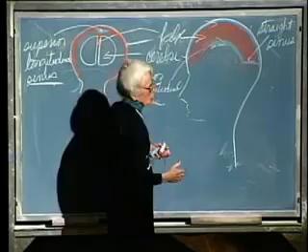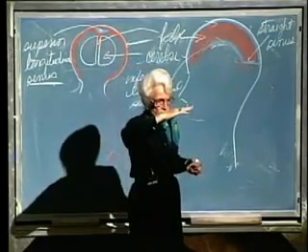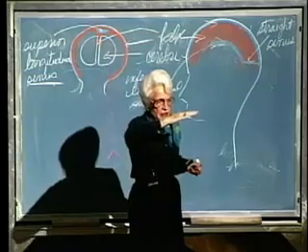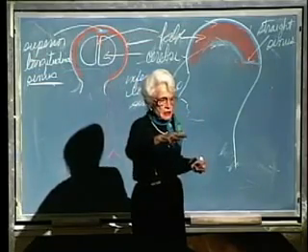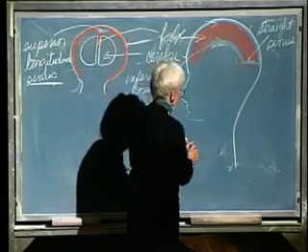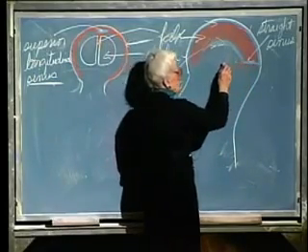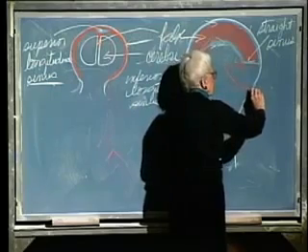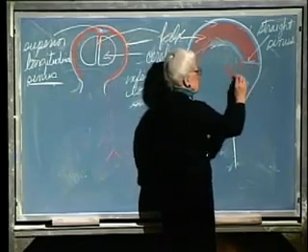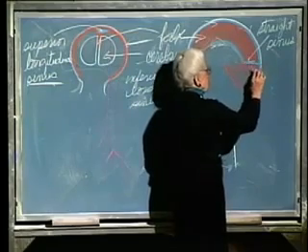Now we have what's called the tent of the cerebellum. Separating the cerebral hemispheres is a layer of dura separating the cerebellum. So we're going to put in this tentorium cerebelli here. You have to imagine that the cerebellum's underneath, but just to give it its appropriate name here.